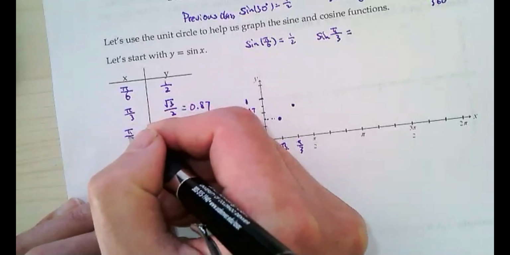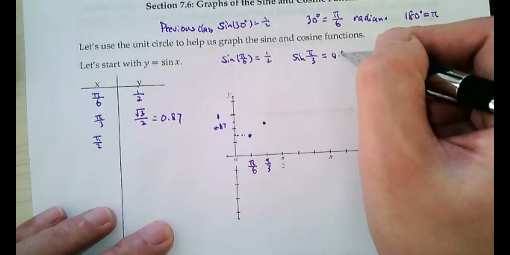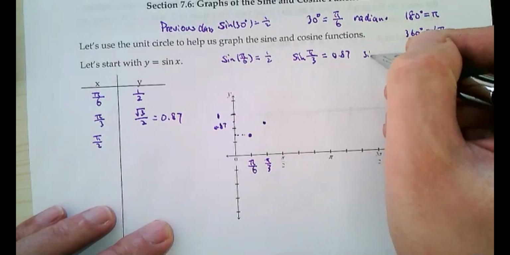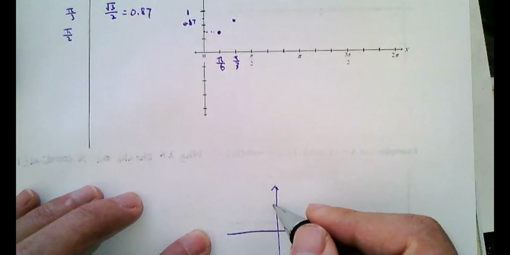How about the next value, pi over 2? Can anyone tell me what is sine pi over 2? Okay, so if you have difficulty memorizing those numbers, I would recommend you go back to the unit circle. Think about the unit circle we had. Let me give you a rough sketch.